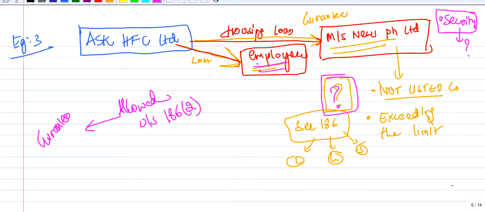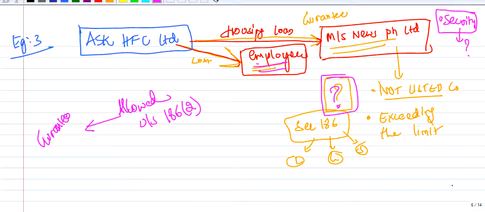What does subsection 2 tell? No company shall directly or indirectly give any loan to any person or any other body corporate, or give any guarantee or provide security in connection with the loan to any other body corporate or a person, and acquire by way of subscription, purchase, or otherwise the securities of any other body corporate exceeding 60% of its paid up share capital, free reserves, and security premium. 60% will come when paid up capital, free reserves, and security premium are there. 100% only for the free reserves and the security premium, whichever is more, except with the prior approval by means of a special resolution passed at the general meeting.